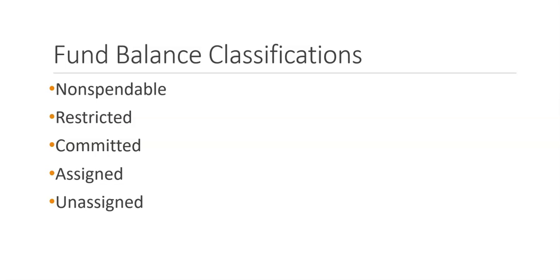Of course, most of our funds fall into one of the top four classifications, and it's rare for governments to have a significant amount of unassigned funds that they can use for any purpose. I'll pause here. Okay, I'm going to go ahead and finish since there are only four slides.